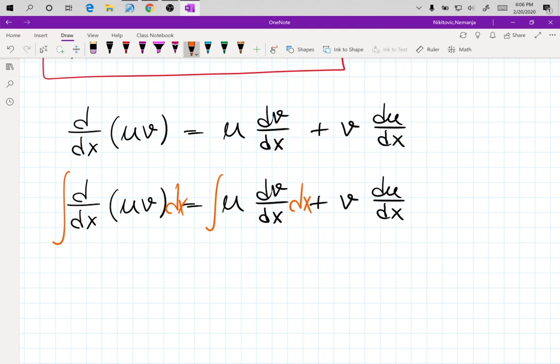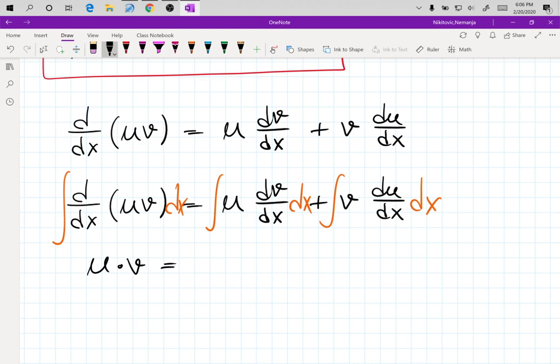Integral dx, integral dx, integral dx everywhere. And from the fundamental theorem of calculus, we know that integral and derivative cancel. Therefore, on the left-hand side, you just have u times v.